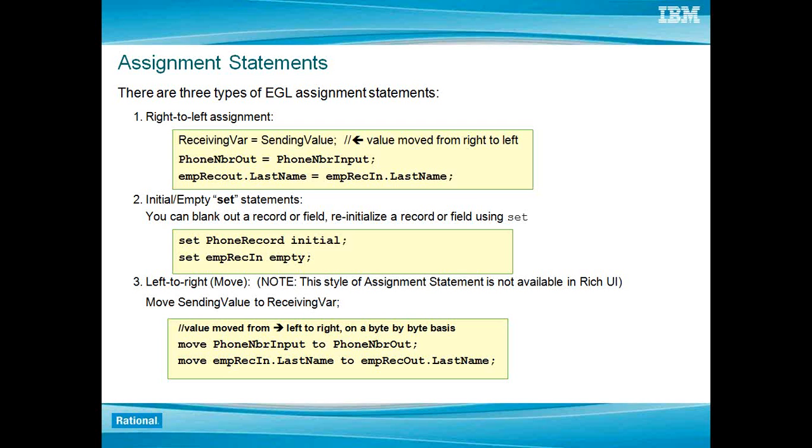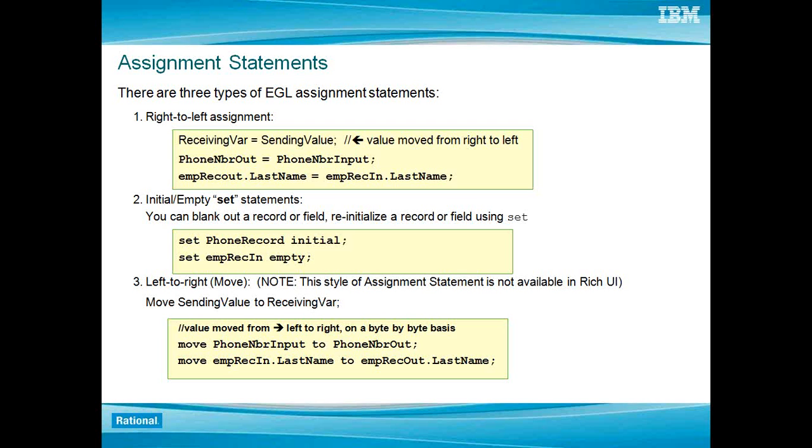We have another example, set input record to empty. Let's say there are some values inside this record; by writing this statement we are removing or deleting all of those values. So we are just making it empty. So this is the second way to initialize some variables.